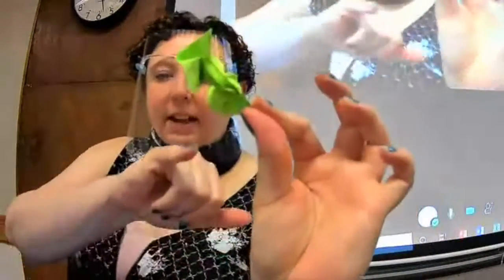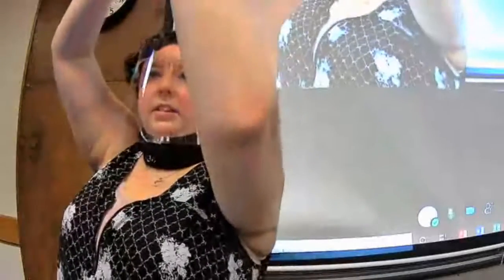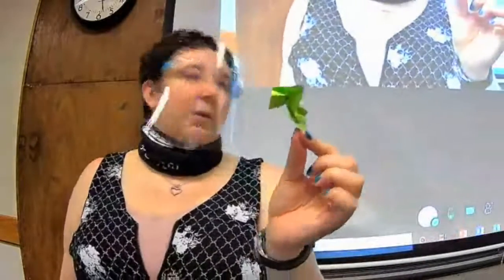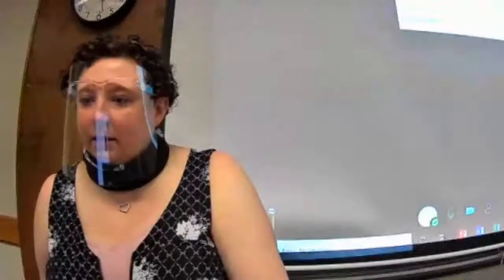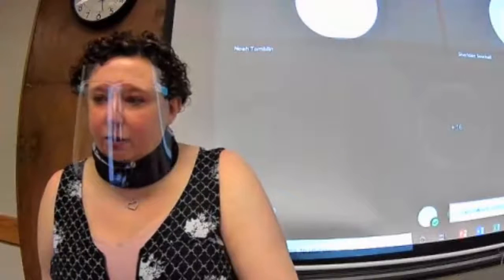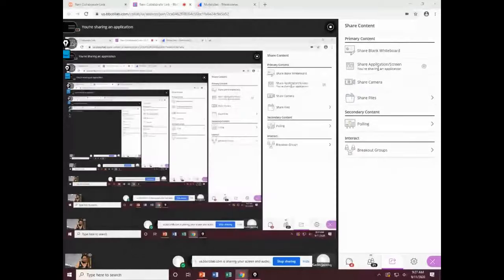We still have the pleats in there, we can still see them, but now we've also pulled it in a third direction. Does that help clarify? And I'll show you the drawing again in a minute.